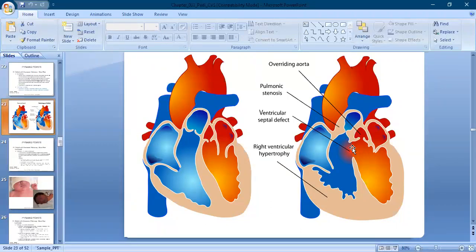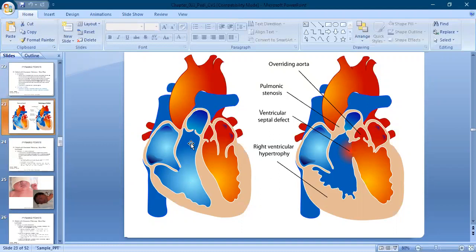Another problem here is called pulmonary stenosis. Blood is supposed to go from the right ventricle to the lungs through the pulmonary trunk.